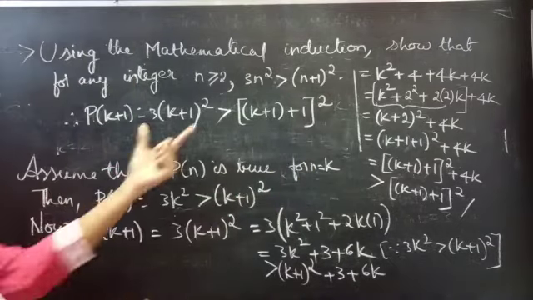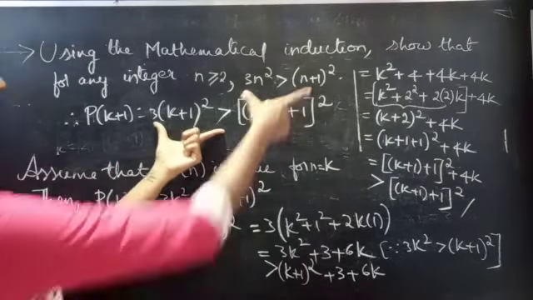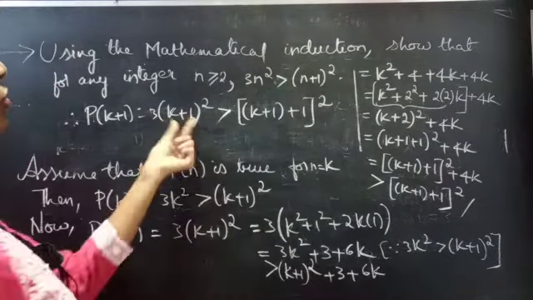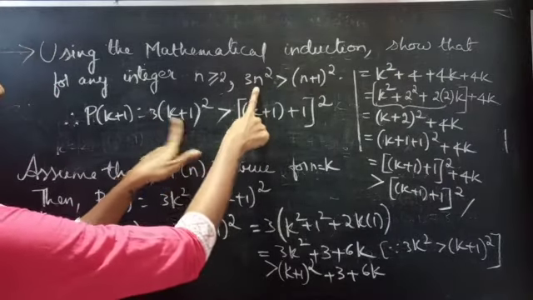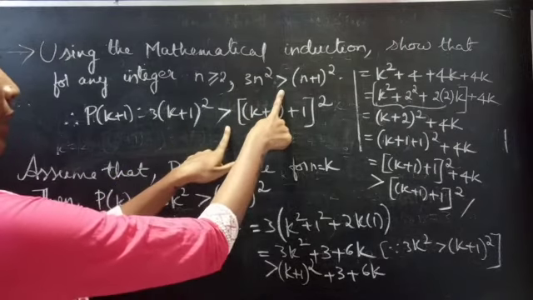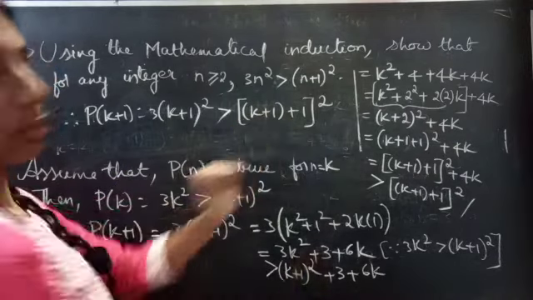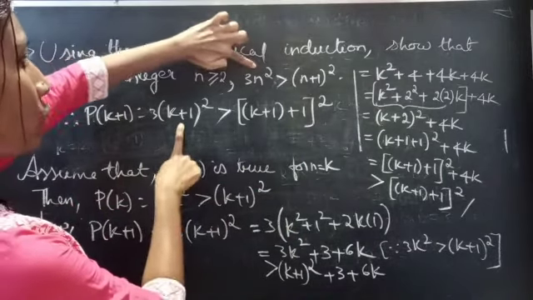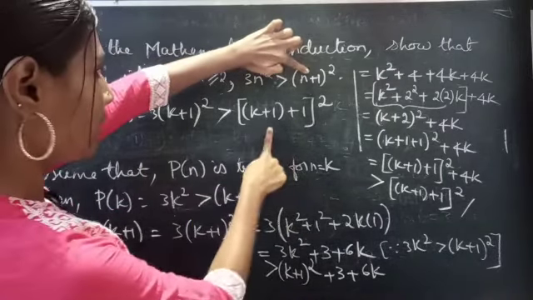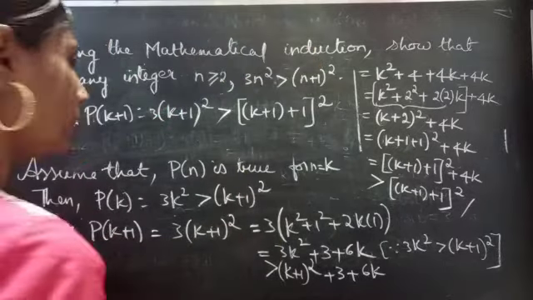Okay, that is, the statement is true. This statement is true for n equals to k plus 1. See, 3n square, we got 3n square greater than n plus 1. Okay, we'll show it again. 3n square greater than n plus 1 whole square, right?